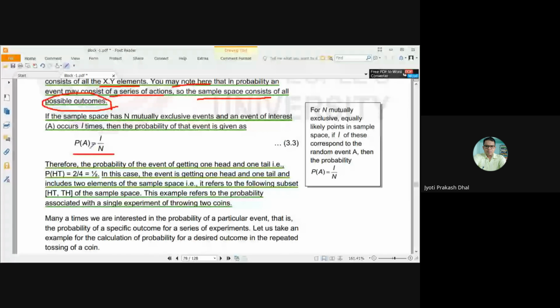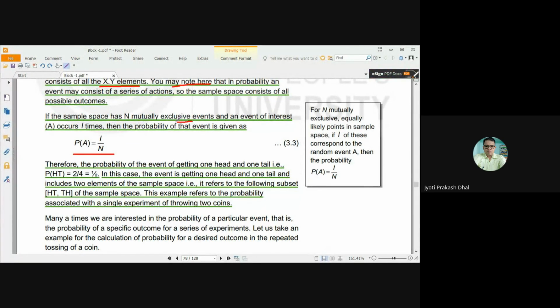Now coming to the next one. If the sample space has n mutually exclusive events and the event of interest A occurs i times, then the probability of that event is given as follows. Again I am repeating that.